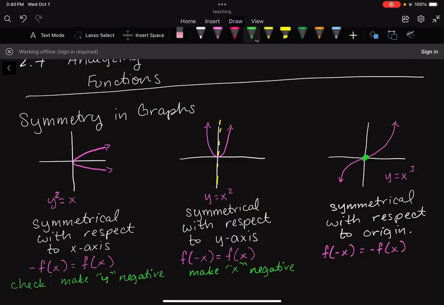To test for this one, we'll actually make both the x and y negative, is one way to do it, or you can make your x negative and we'll see what happens. So for this one, I like to just make the x negative.